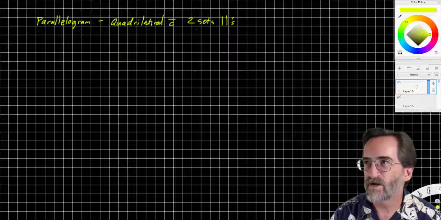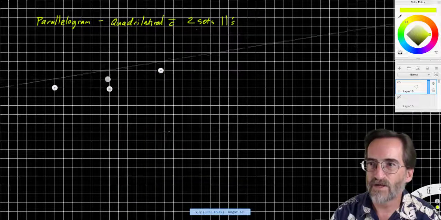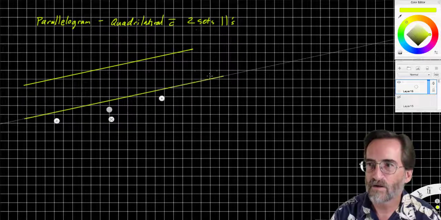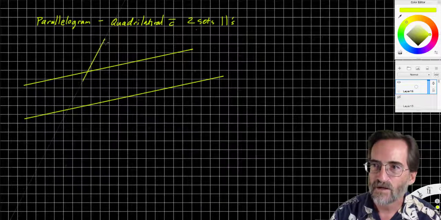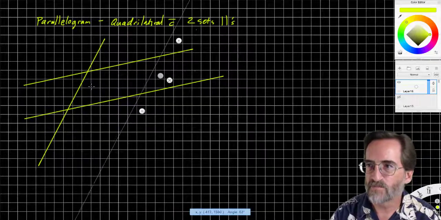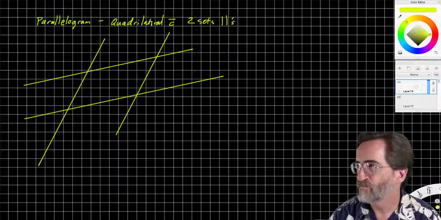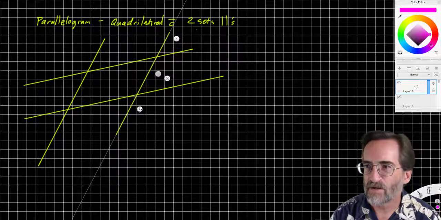So if I draw a parallelogram, I can think of it as 2 sets of parallels. I can think of them as intersecting, but the parallelogram is right here. Okay, 2 sets of parallels.